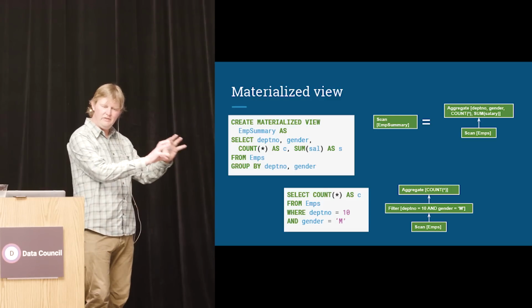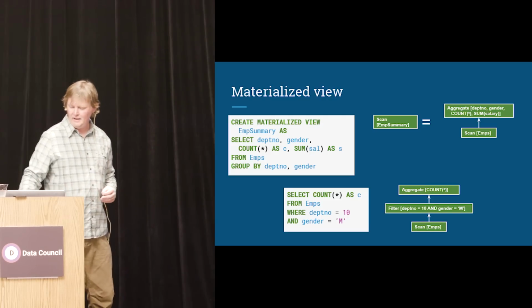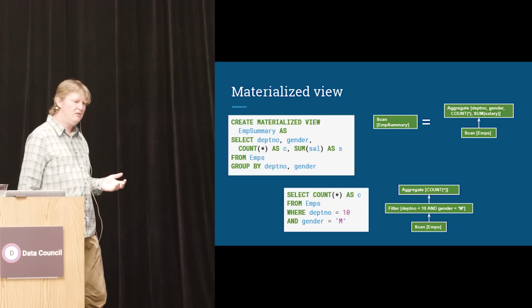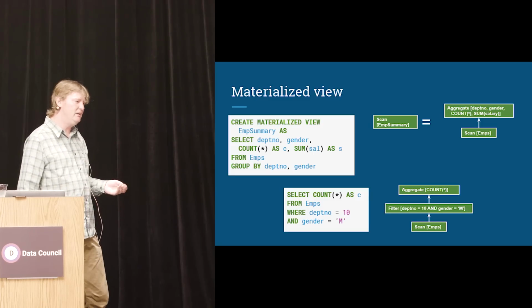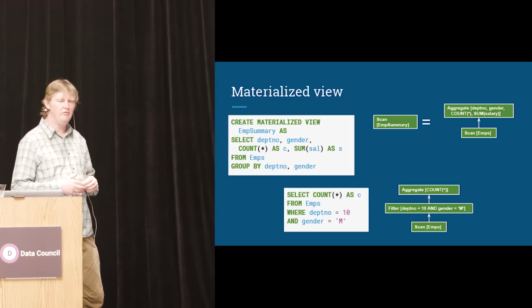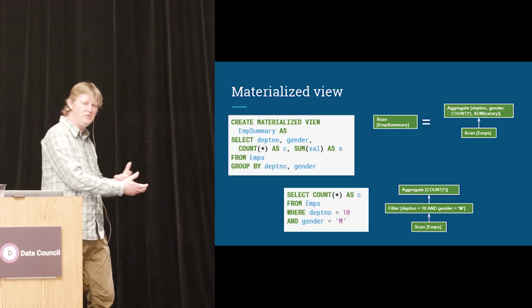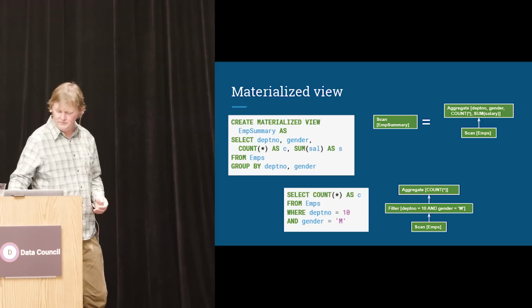And just leave it there because I might want to use it in some future queries. Unlike create table as select, which is fairly similar, the system actually remembers where this data came from and maintains that relationship. If I update the employees table, the system will also update the materialized view.